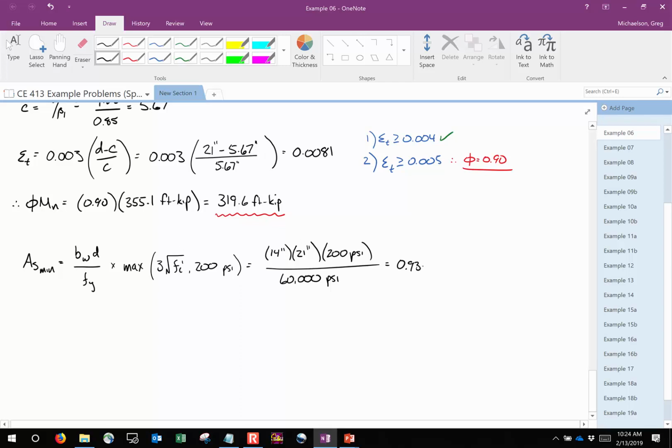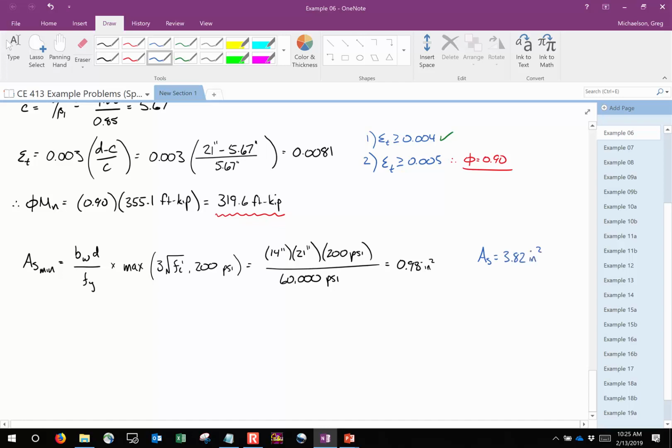I'm hearing a 0.98. But here's the thing. What's the real thing we need to compare this to? What is As? What's the actual area of steel that we're using for this beam? 3.82.